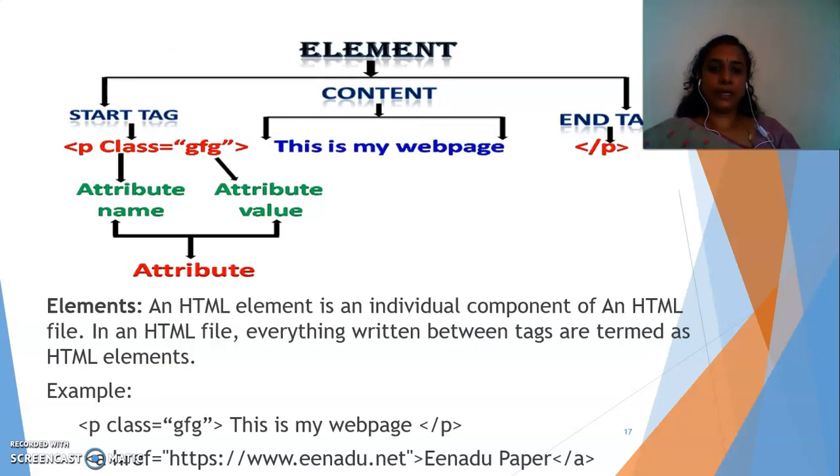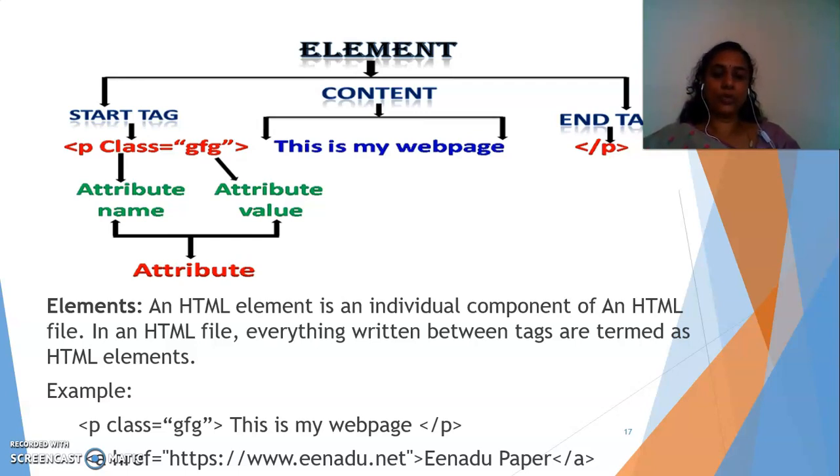So every element, that is your tag, will have a starting tag, will have some content in the tag, and will have an ending tag. Okay, so only the start tag will have an attribute. Attribute is nothing but the name, and attribute value is nothing but the value you want to supply. Just like, suppose you want to click on an image, and then you have to give the link where you want to transfer upon clicking on that image.